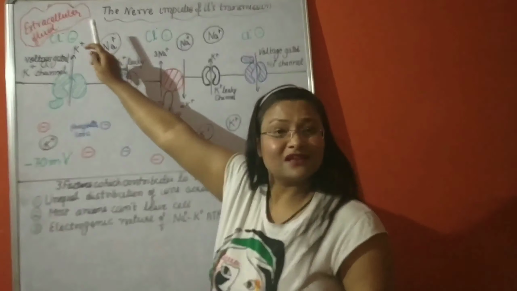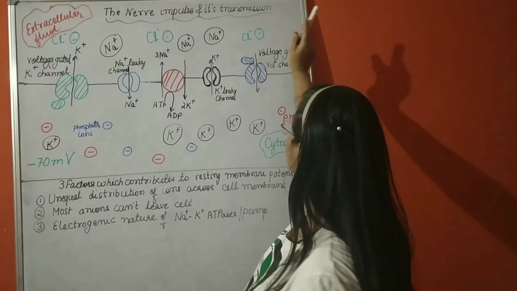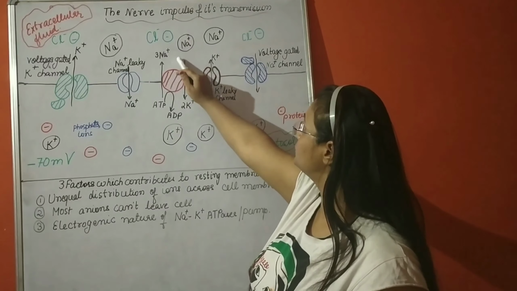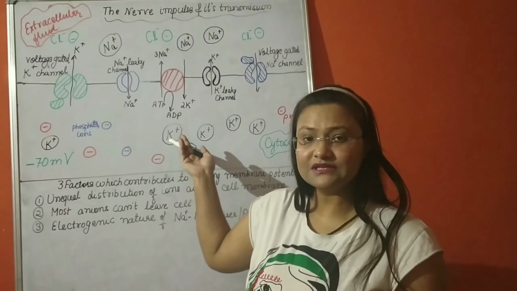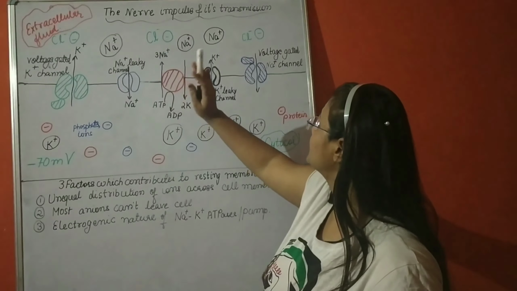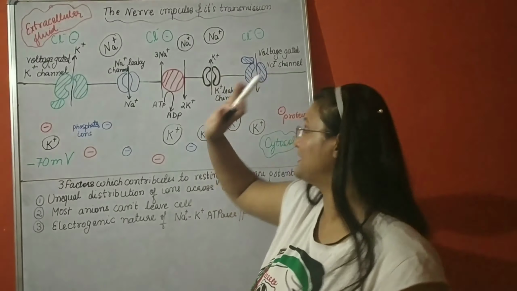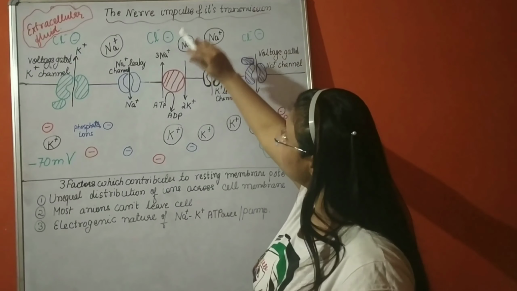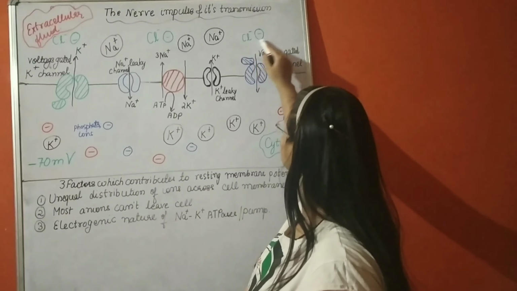Now in the extracellular fluid of the neuron, outside the neuron, there are sodium ions, which are positively charged, like the potassium ion is positively charged. And the negative charge outside of the membrane is contributed by chloride ions.